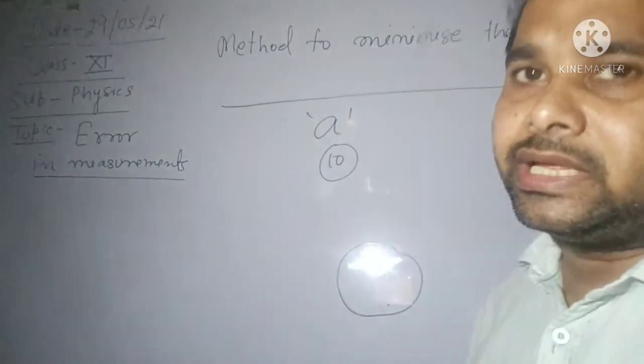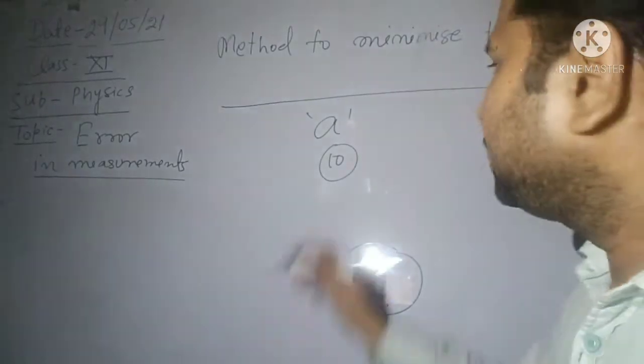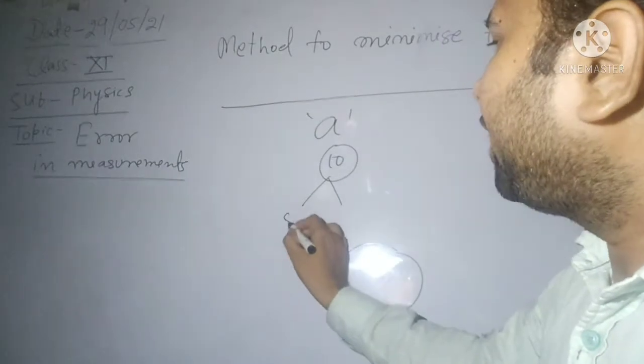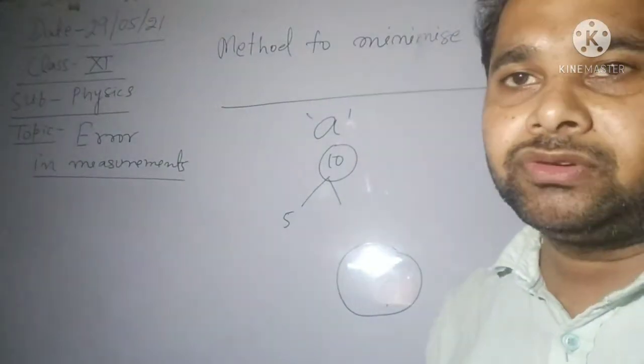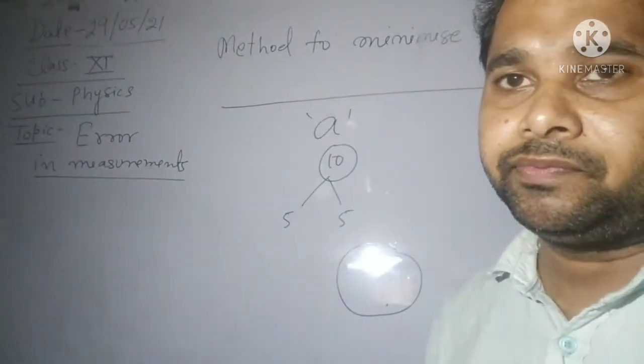So the normal law of random error says that out of 10 observations, 5 will be towards the positive direction and 5 will be towards the negative direction.